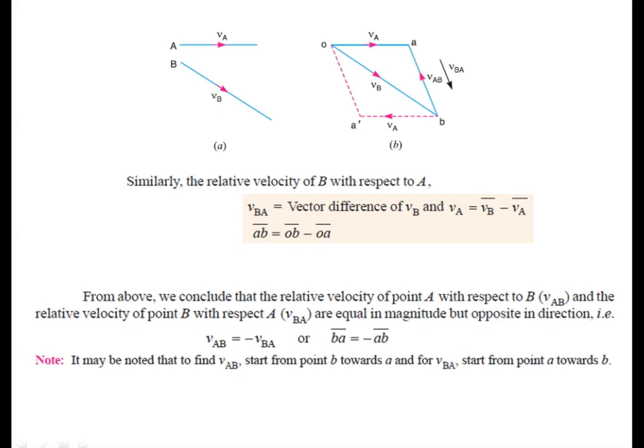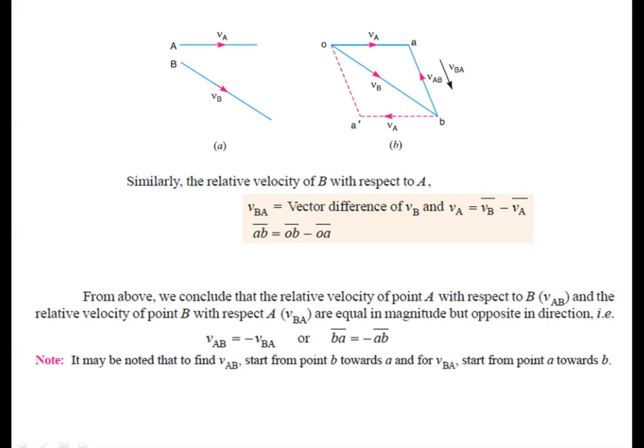Similarly, the relative velocity of B with respect to A, that is VBA, the reverse, is the vector difference of VB and VA. So VB minus VA, vector AB, is nothing but OB minus OA.